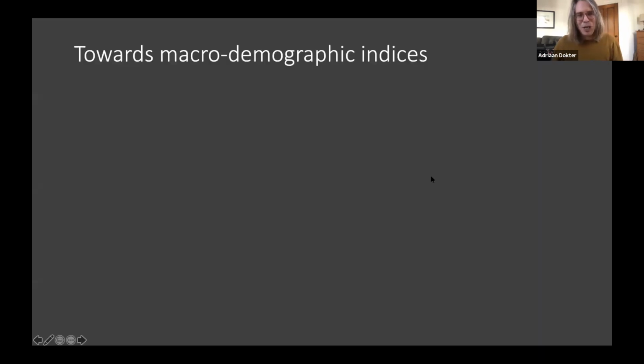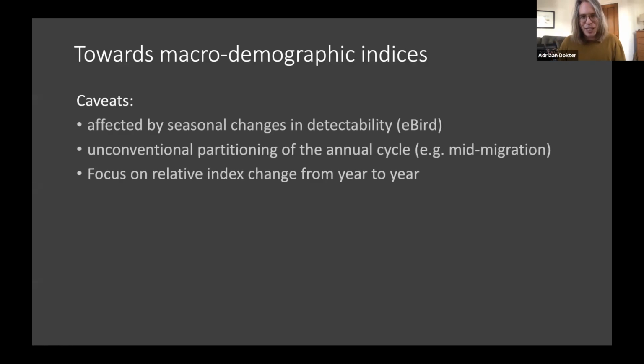So as a lookout towards these macrodynamic indices, I think it's already clear there are multiple caveats. They will be affected by seasonal changes in detectability. And most likely the quality of the data will force us to make unconventional partitionings of the annual cycle.